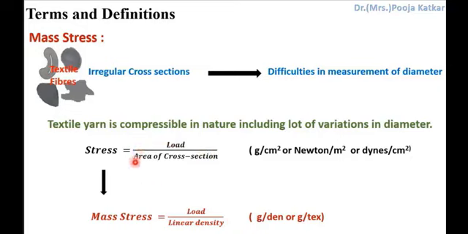So when you replace area of cross section by linear density, we get a term that is called mass stress. Instead of focusing on the diameter, since we are focusing on the weight of the material, this particular term is known as mass stress. It takes care of mass of the material and the unit will be therefore grams per denier, or it can be grams per tex.